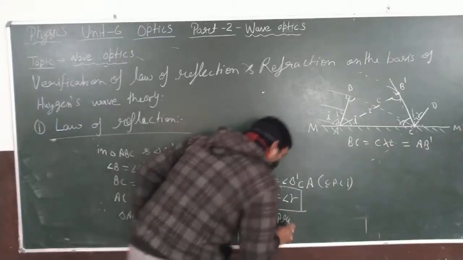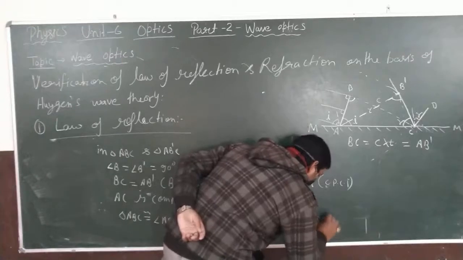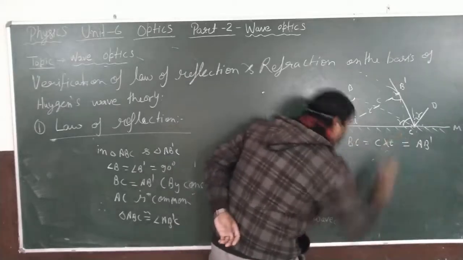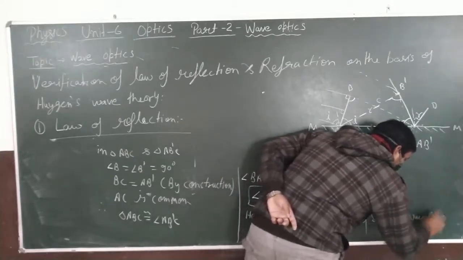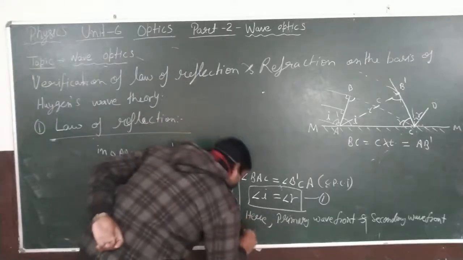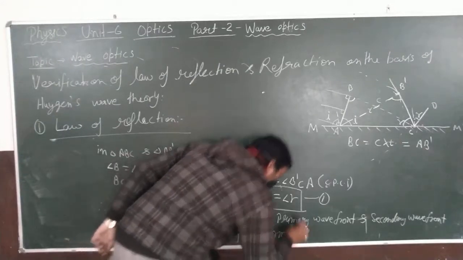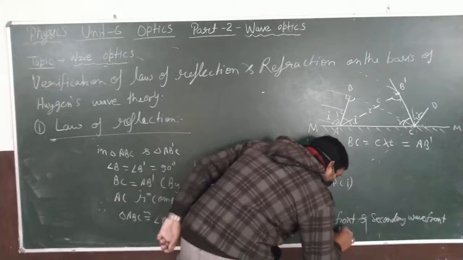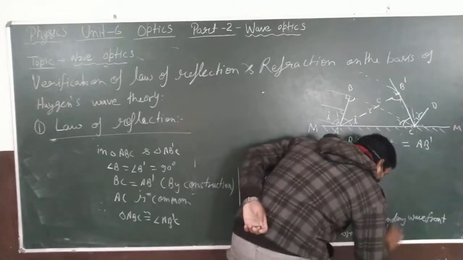The primary wavefront and the secondary wavefront and the normal all lie normal to the plane.